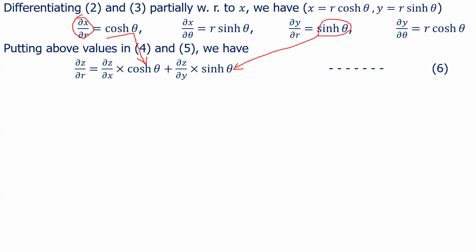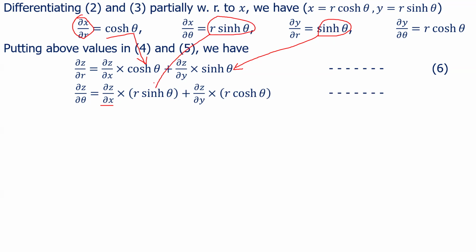Similarly, del z del theta is del z del x times del x del theta, which is r sinh theta, plus del z del y into del y del theta, which is nothing but r cosh theta.